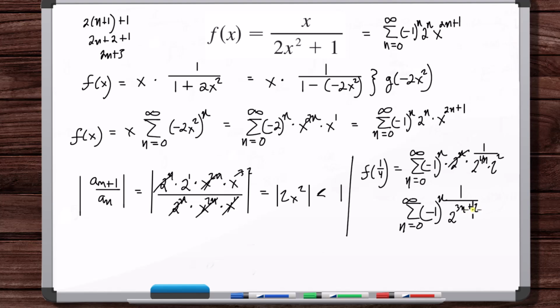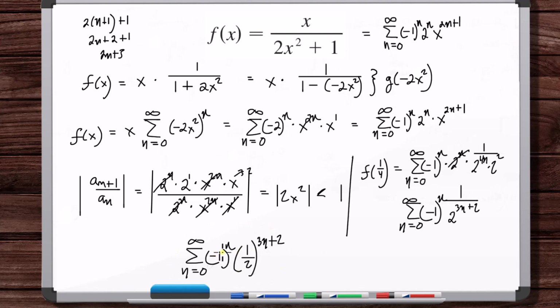Okay, now we can write it this way. You've got minus 1 to the n, and then you can just bring this exponent. Well, this is a geometric series.